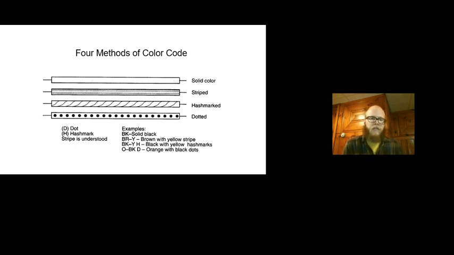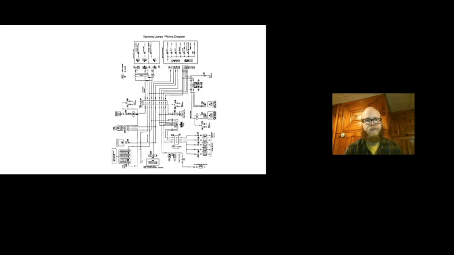I like the colors, but I'm not gonna lie to you, I'm a little bit colorblind, so sometimes that blue and purple wire or the brown and the green wire, it's hard to tell the difference between the two, and there are tricks to figuring that kind of stuff out too.